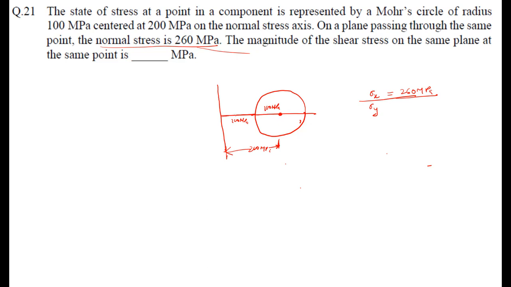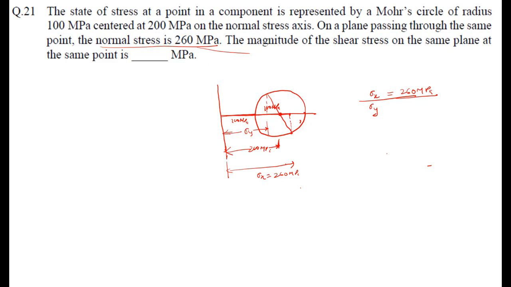So we see that this value is 200, and there will be one more value, that is 60 MPa, and correspondingly you take the value on this circle. This line will represent the plane where sigma x is 260 MPa, and the other normal stress sigma y will be of some value, but let us not bother about it.